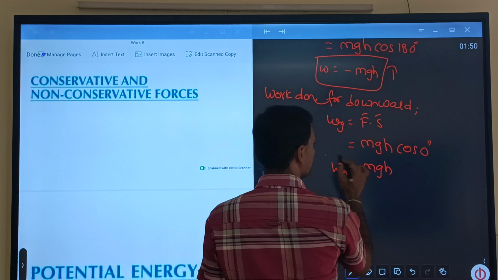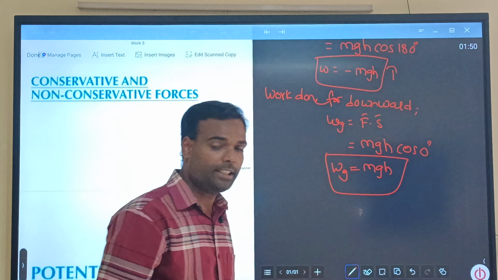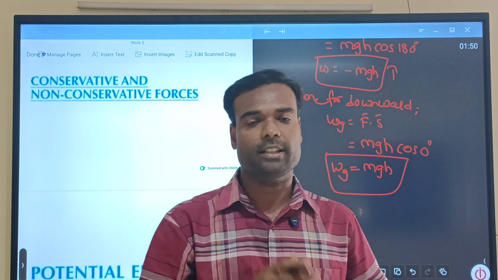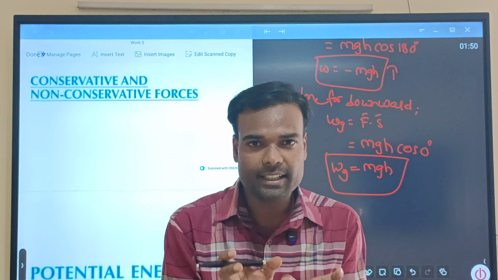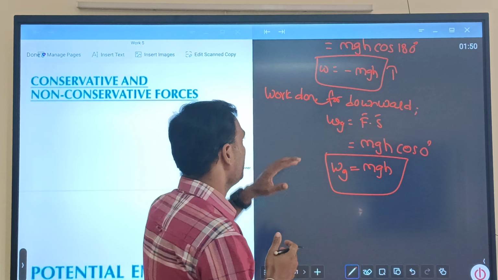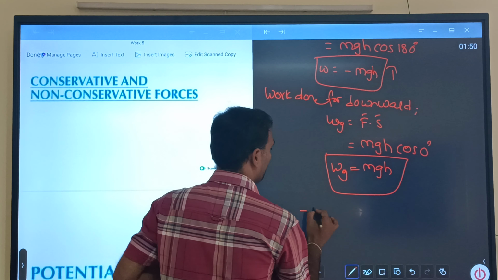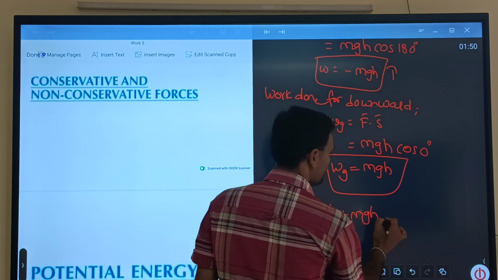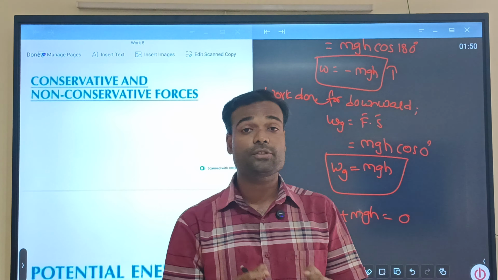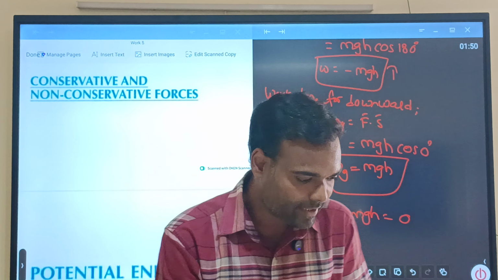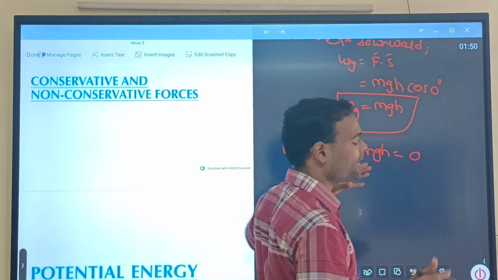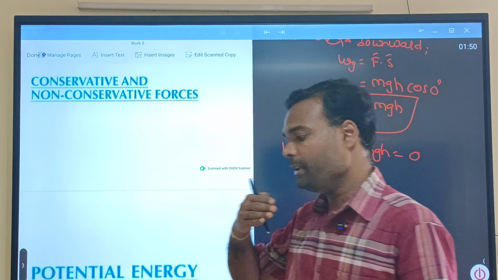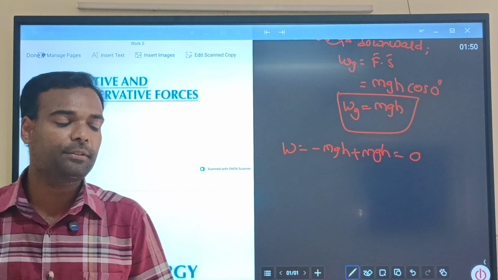Work done by gravity is mgh for the downward motion. The total work done is minus mgh for the upward journey plus mgh for the downward journey, so the total amount of work done is equal to 0.